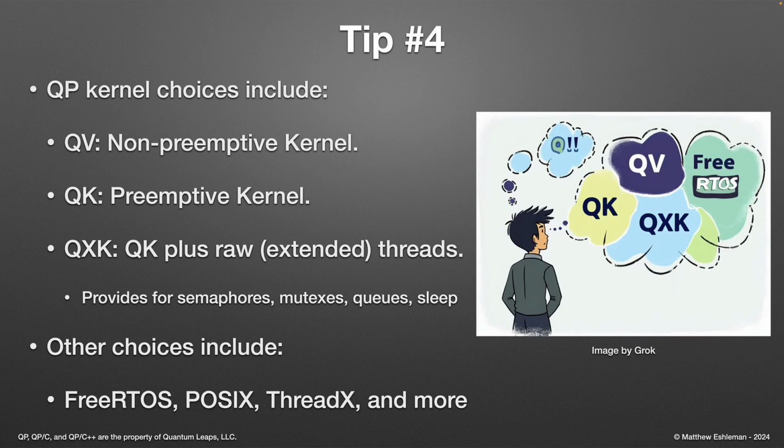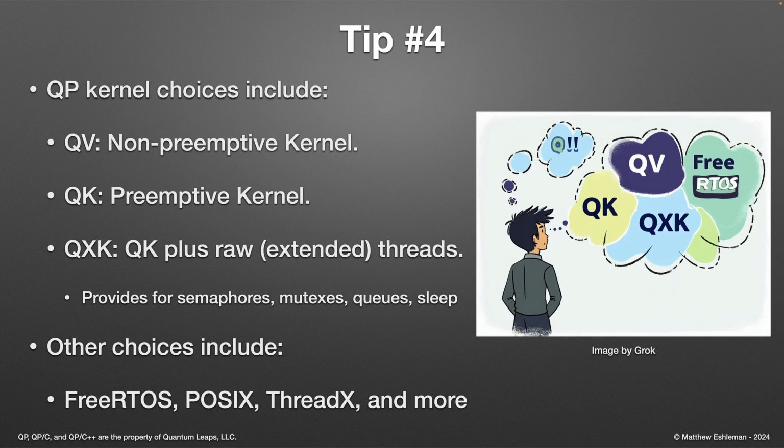So QP gives you 3 different kernel choices. QV, which is almost like a super loop, where an active object, when it starts processing an event, is never preempted until it is done with its processing.